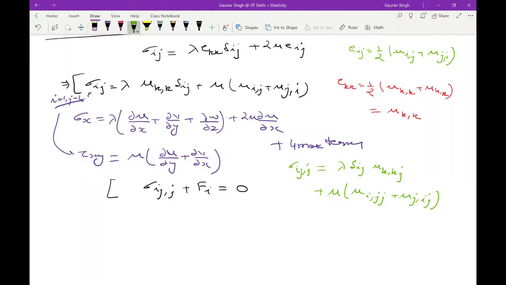Okay, so this is sigma ij,j, and let's see how this can be written. So this implies that lambda delta ij u_k,kj plus mu u_i,jj plus u_j,ij plus f_i is equal to 0.